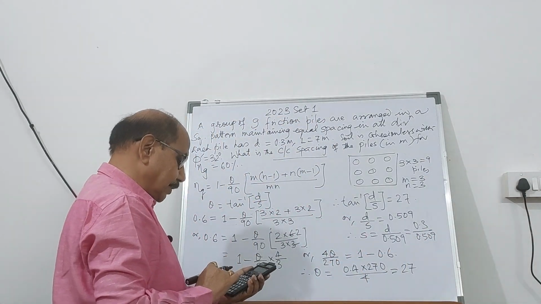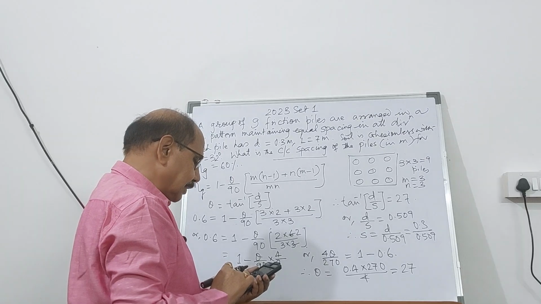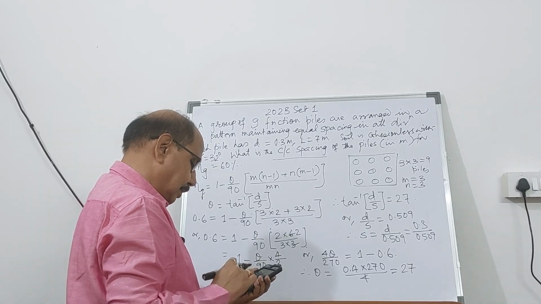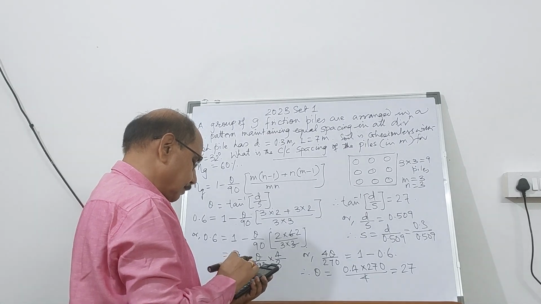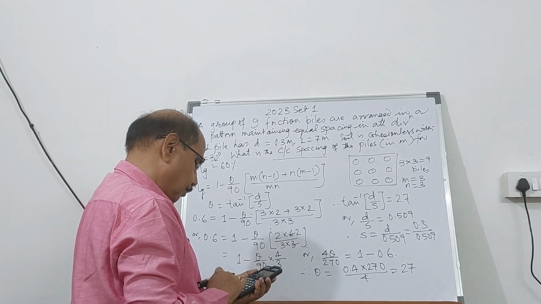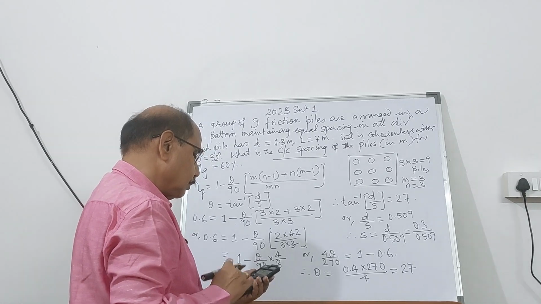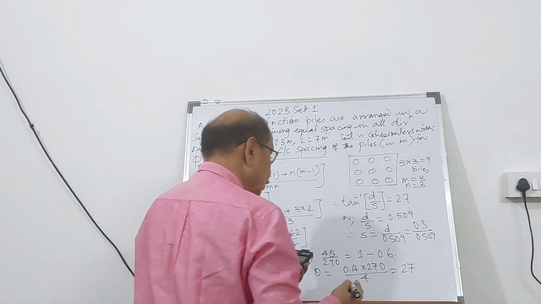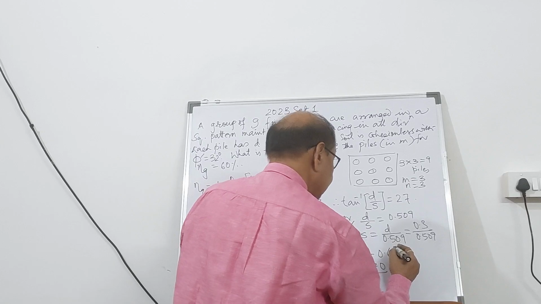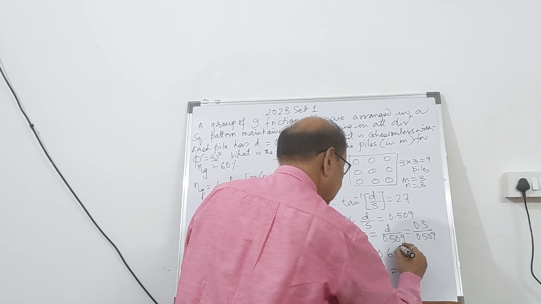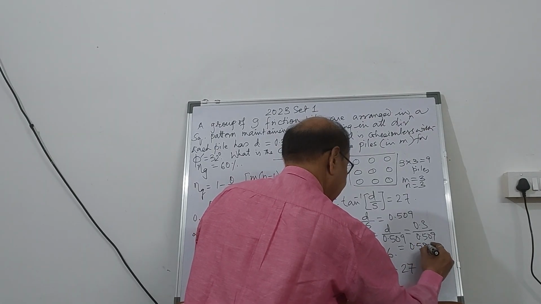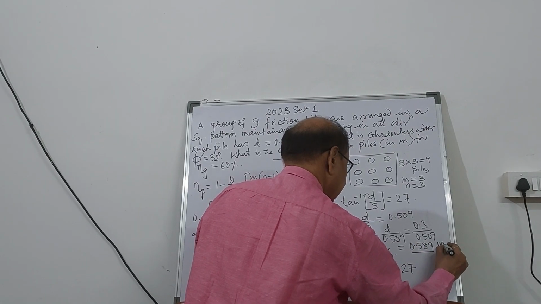So if we calculate 0.3 divided by 0.509, this gives you 0.589 meter.